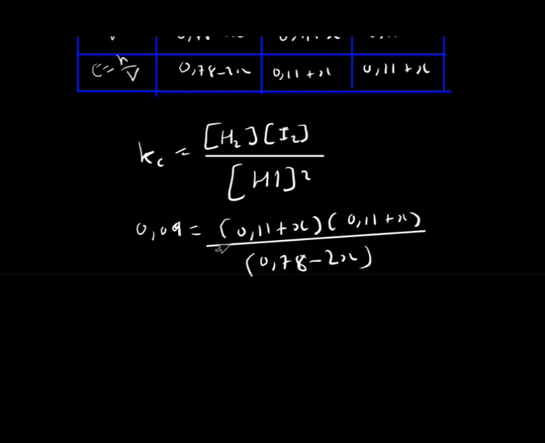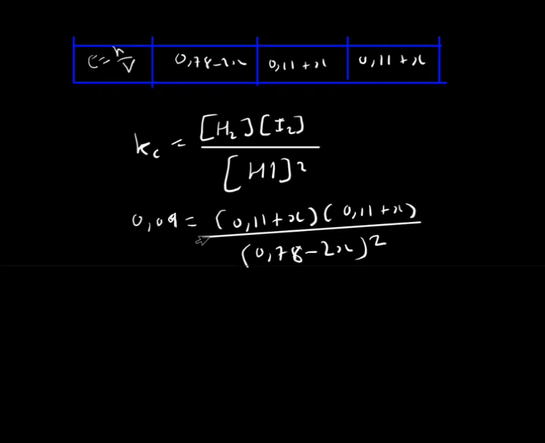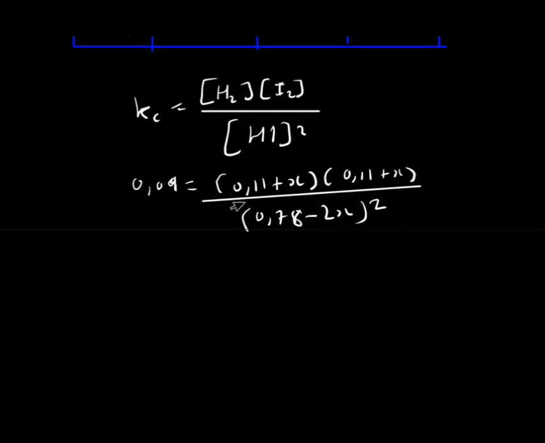And it's not difficult because this is just going to be squared. Notice that these brackets are the same, so you can just say 0.09 is equal to this bracket squared. I'm just presenting an easier way to solve this. You can solve it any other way.